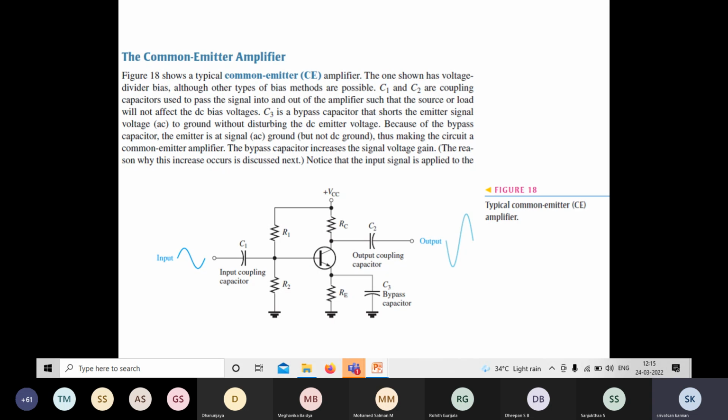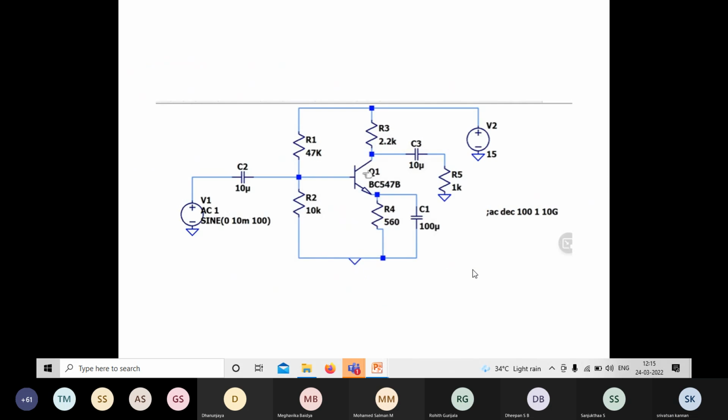So construct this circuit in LT Spice now. Can you construct the circuit in LT Spice? Yes, sir. So I'll give you 10 minutes to finish the circuit.